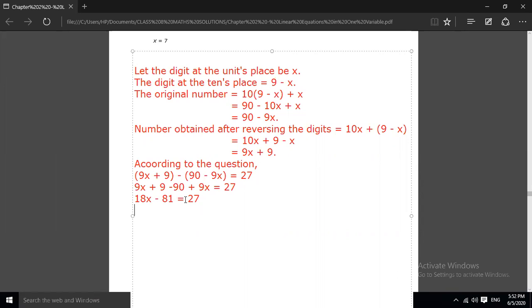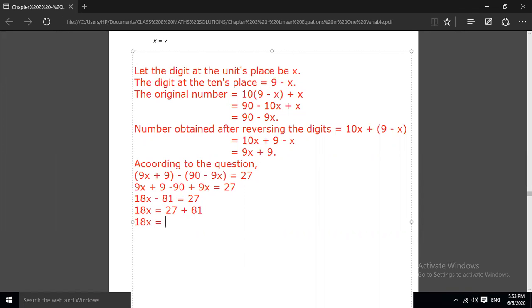When 81 comes to the other side, minus becomes plus, so 18x is equal to 27 plus 81.